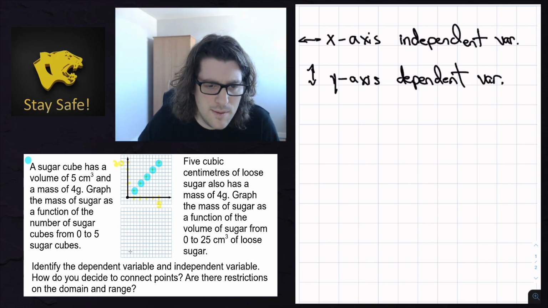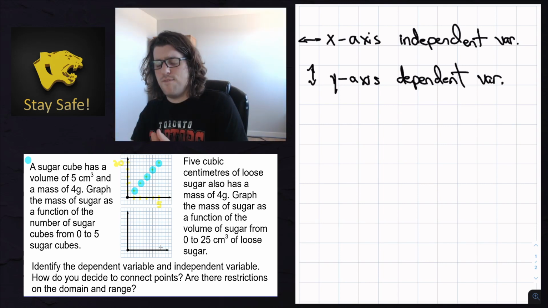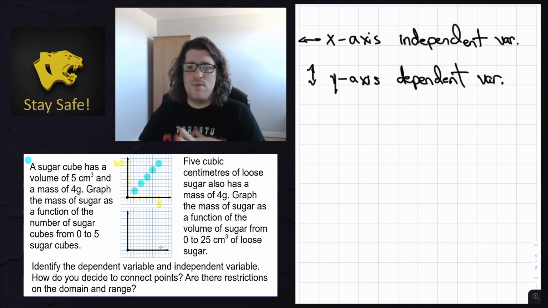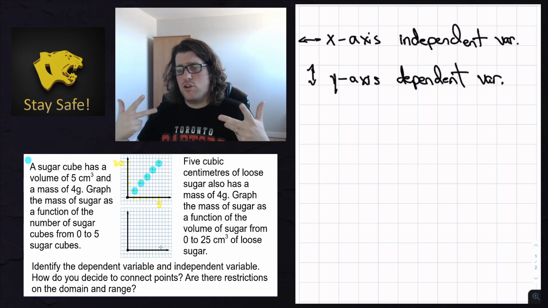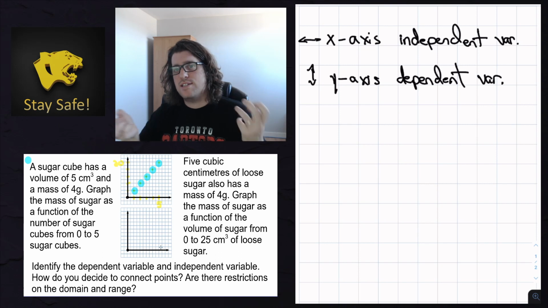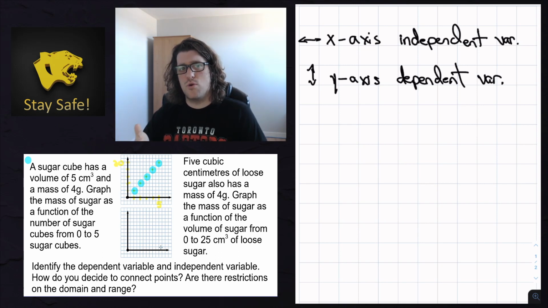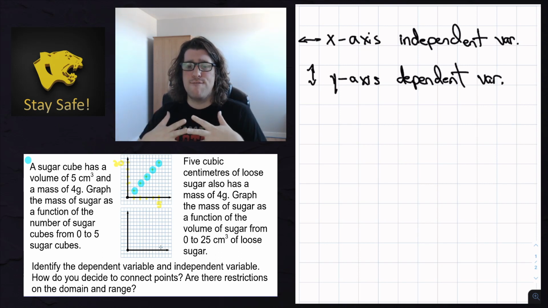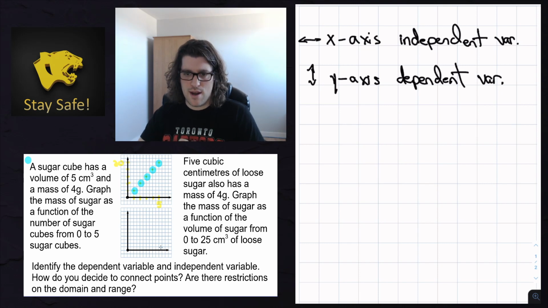And again, we'll have some axes here. I'm going to take the same variables on the same axes, except this time I'm not going to have a number of sugar cubes. Instead, I have a volume of loose sugar. And the mass of sugar that I get is going to be dependent on the volume of loose sugar that I select.